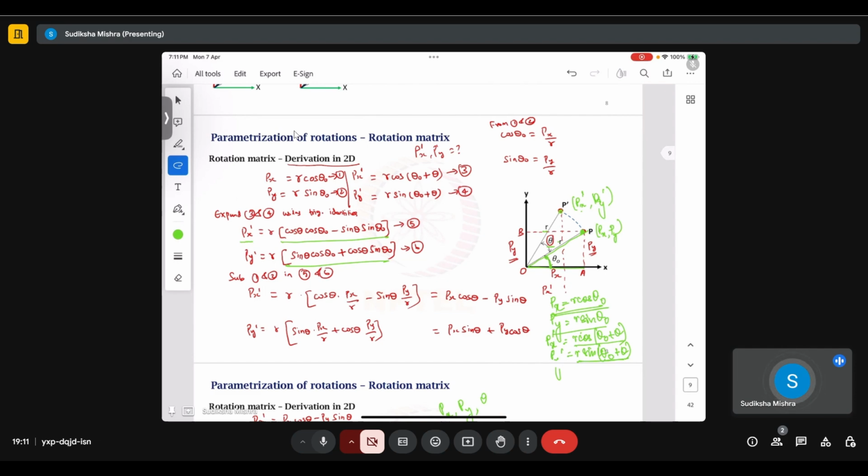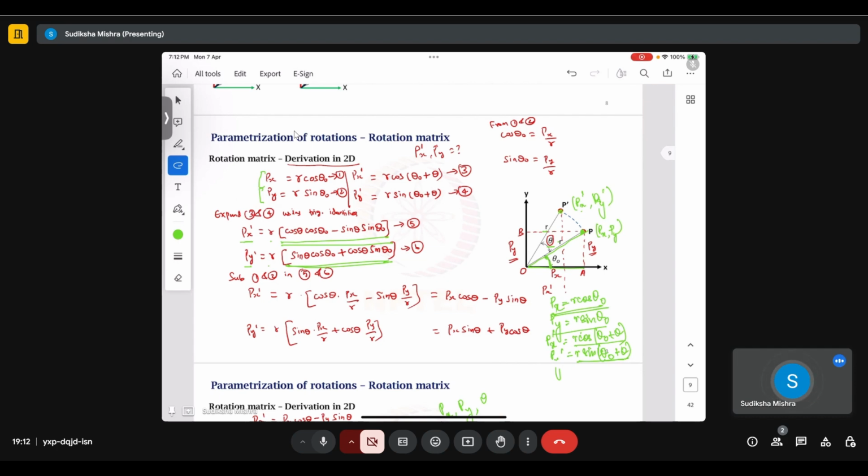If you were to write Px dash, it will be r cos(theta naught plus theta), which can be expanded as this. Py dash will be r sin(theta naught plus theta), which can be expanded as this. You get Px as r cos theta naught from this, and Py as r sin theta naught from this.